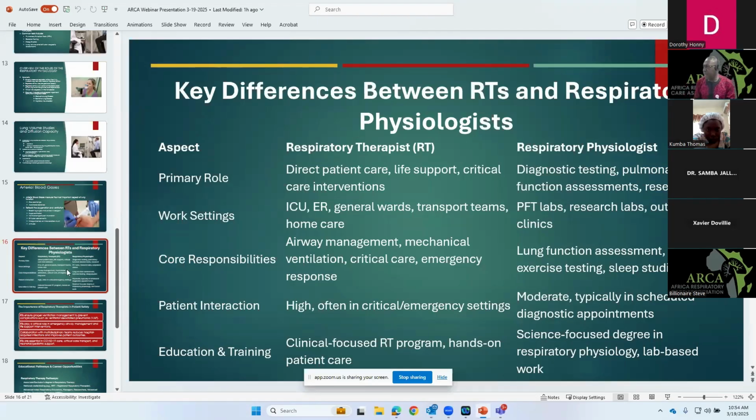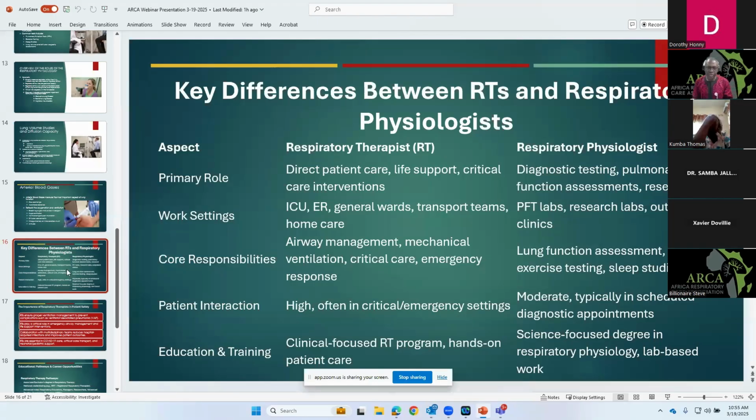Yes. So, for a respiratory physiologist, they mostly work in a pulmonary function lab, a research lab, or an outpatient clinic. The patients are not that serious, not that ill compared to a respiratory therapist, where they are working in a hospital setting.